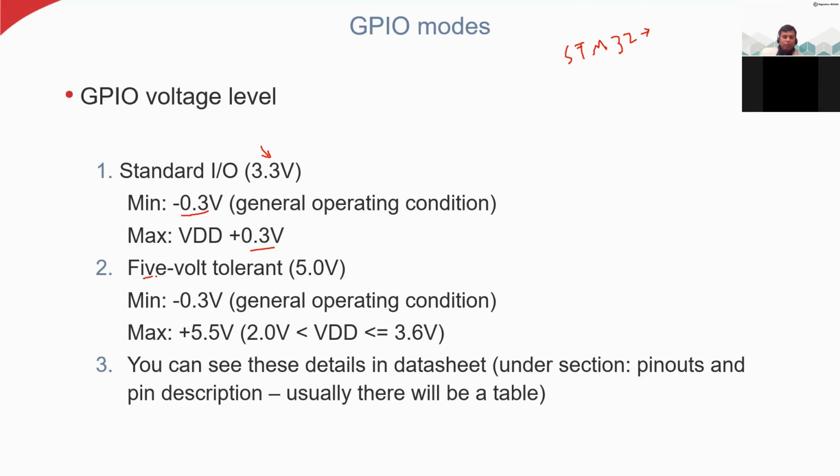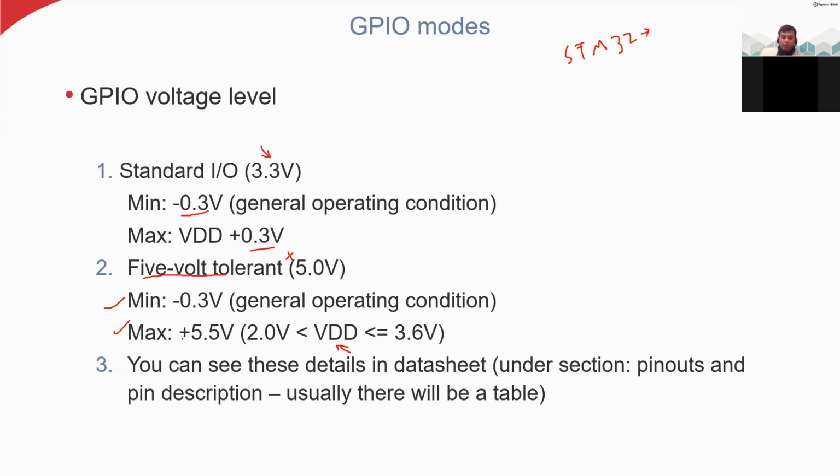Similarly, we have the 5 volt tolerant pin. Here we have the minimum as minus 0.3 volt to represent 0, and the maximum plus 5.5 volt to represent logic 1. So logic 0 and logic 1. And VDD can be between 2 volt and 3.6 volt. Just remember logic 0 and logic high: this is the minimum value and this is the maximum value.